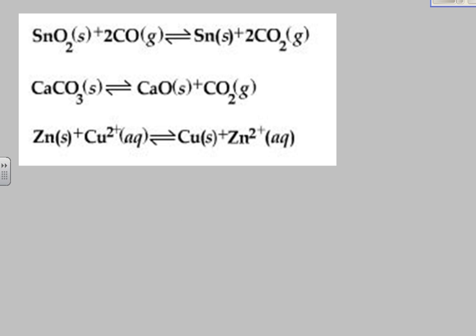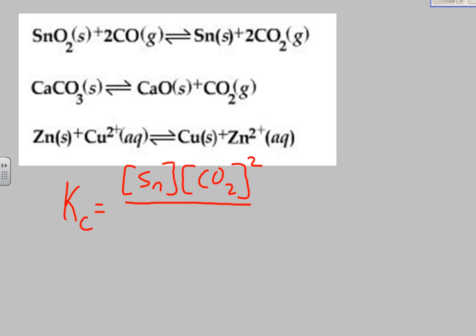Looking at some different equilibrium expressions, we can write down the equilibrium constant expressions for these. If I take the first expression, Kc would be equal to the concentration of the tin times the concentration of the carbon dioxide squared divided by the concentration of the tin(IV) oxide times the concentration of the carbon monoxide squared.